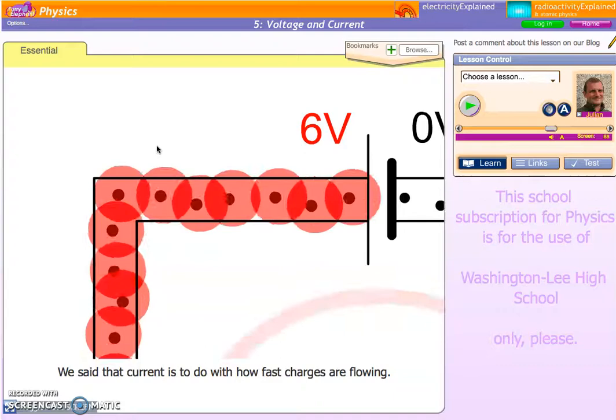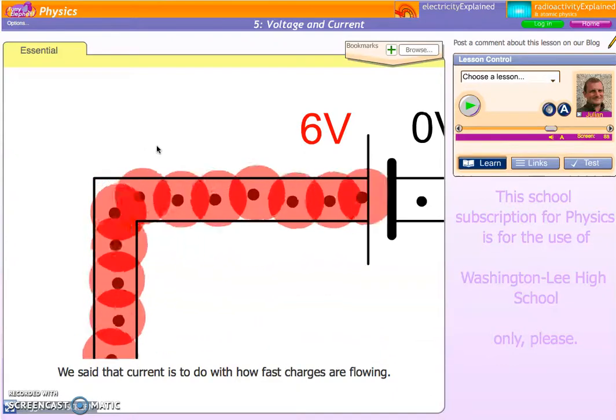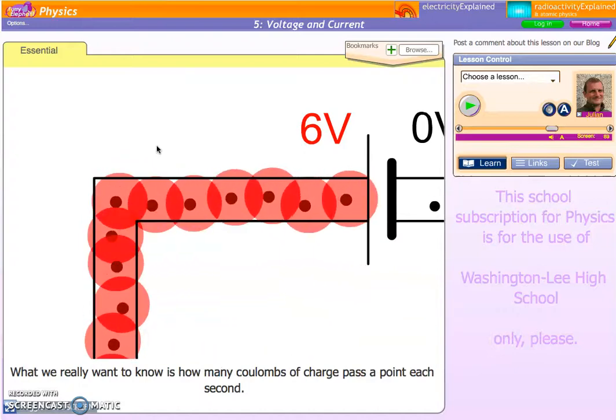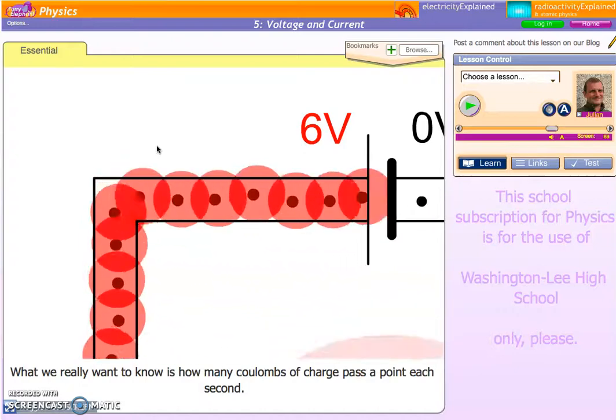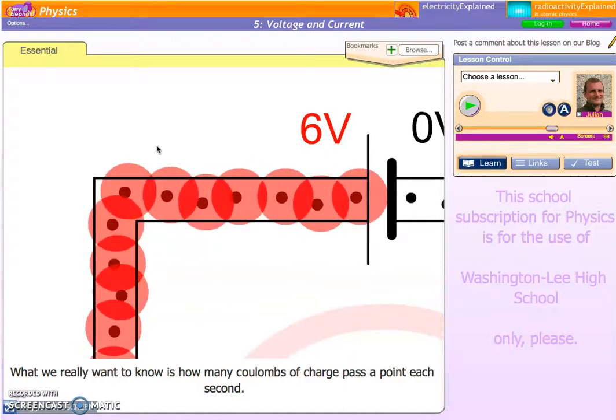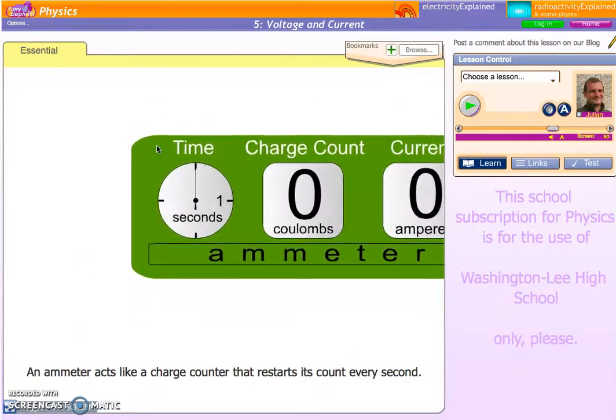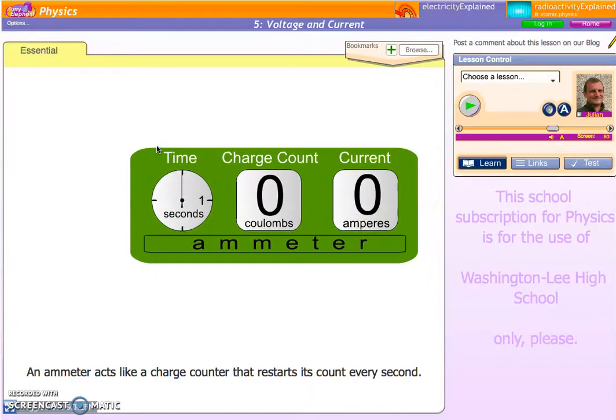We said that current is to do with how fast charges are flowing. What we really want to know is how many coulombs of charge pass a point each second. An ammeter acts like a charge counter that restarts its count every second.